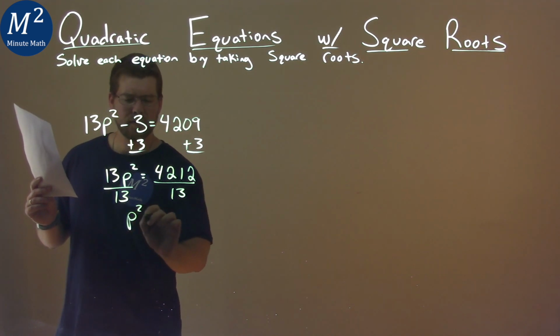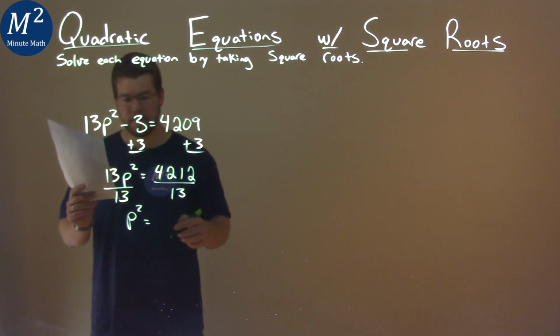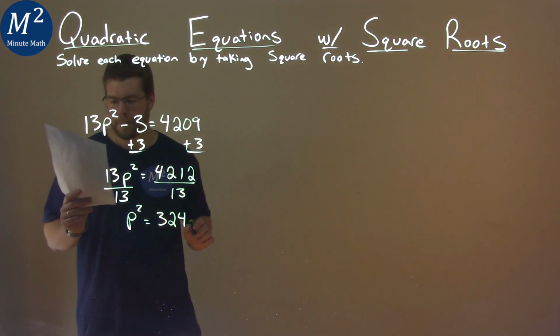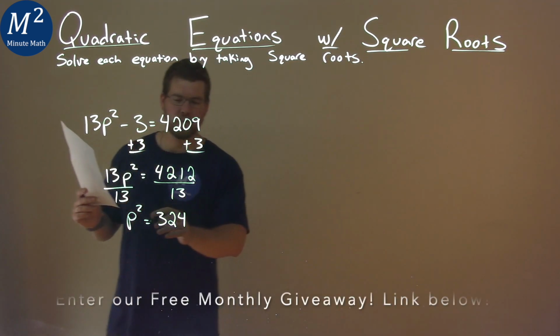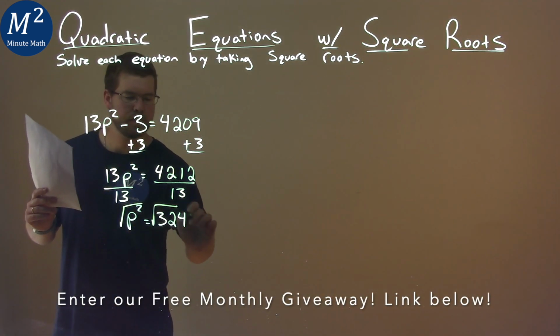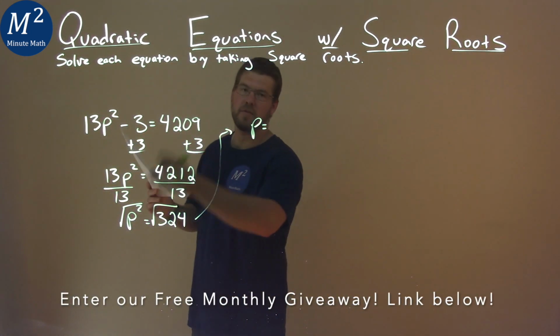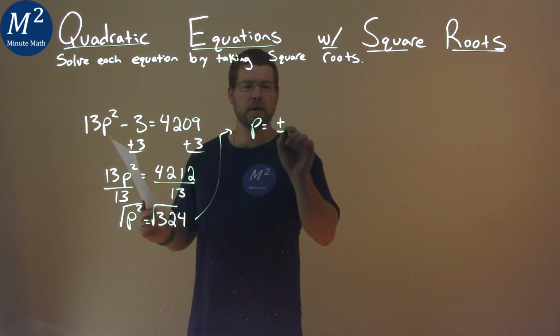And p squared is now by itself, and 4,212 divided by 13 is 324. Okay, well, we have p squared. Get rid of p squared, take the square root. Put that up here. P is now by itself, squares and square roots cancel. And when we take a square root over an equal sign, we have plus or minus.